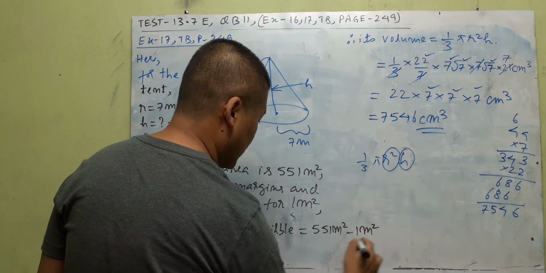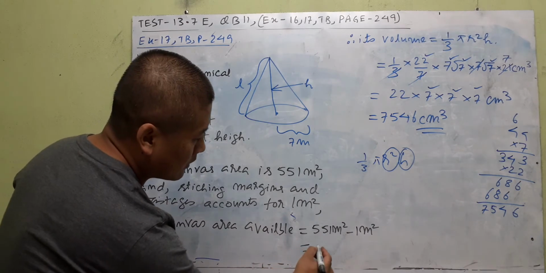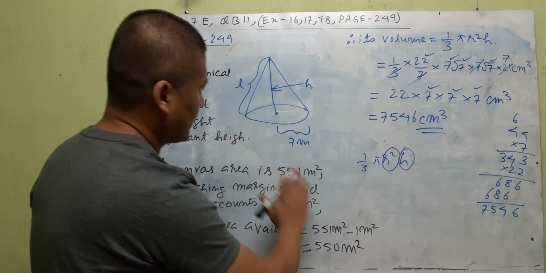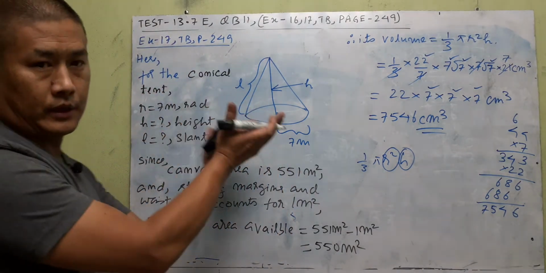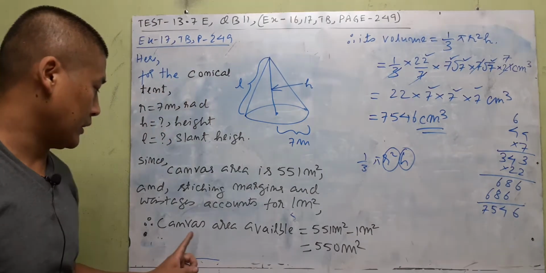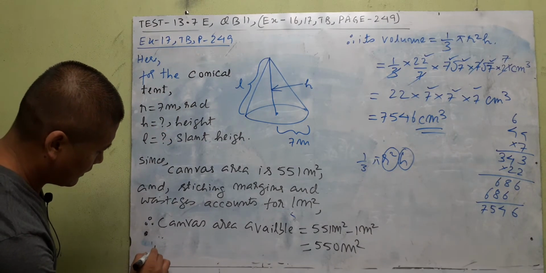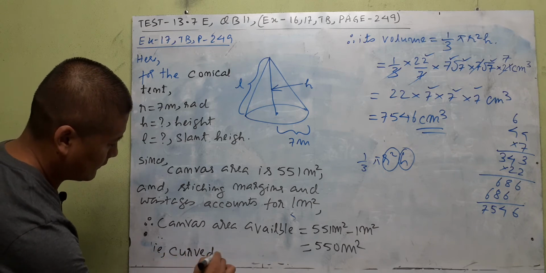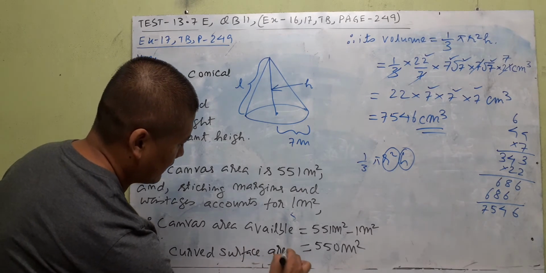Because that will not go into making the surface. So that will be equal to 550 meter square, exactly the area of the tent, because the stitching margin and wastages will not appear on the area, right? So this canvas area will in other words be simply the curved surface area only.